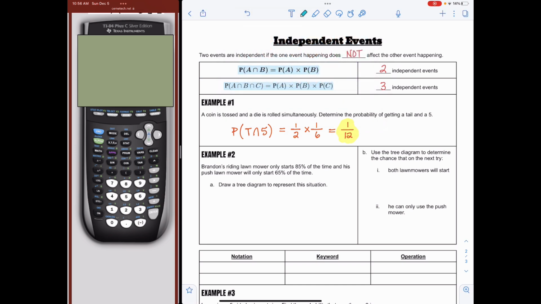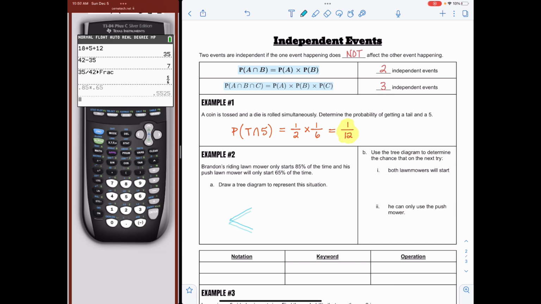It says Brandon's riding lawnmower only starts 85% of the time, and his push lawnmower will only start 65% of the time. Use a tree diagram to represent this situation. So the first thing that I'm going to do is draw my branches for the riding lawnmower, and it only starts 85% of the time.